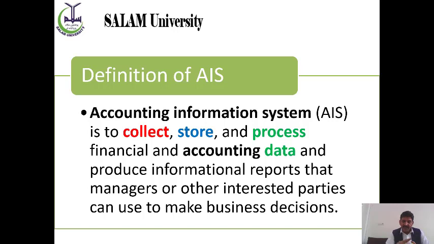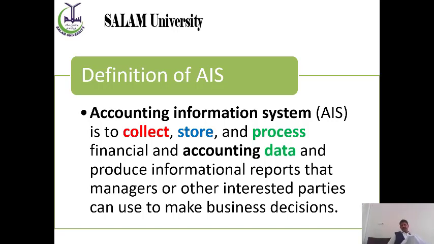Whenever the data are processed, they turn into meaningful information, and then this information is used by the manager for decision making. I hope you understand the definition of the accounting information system.